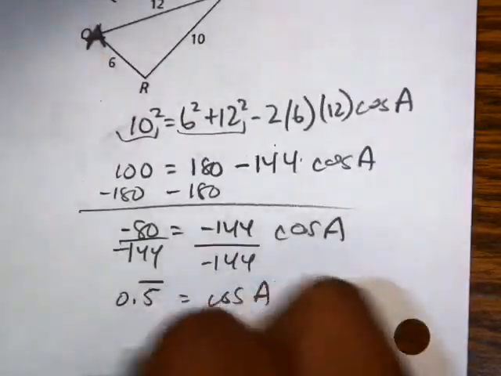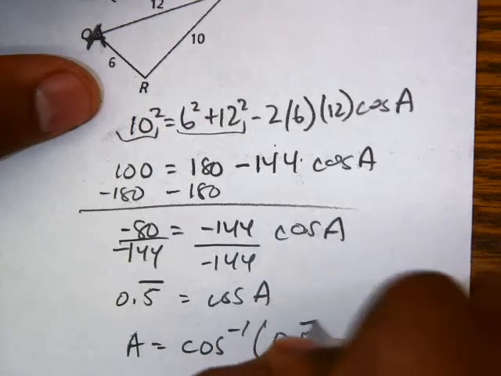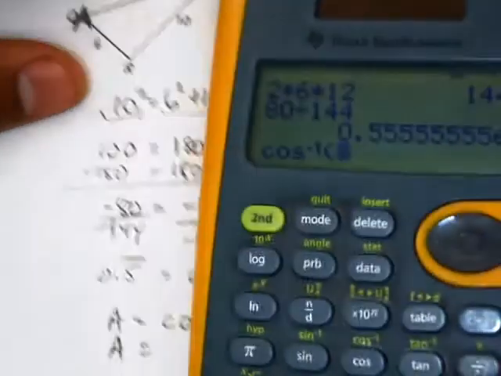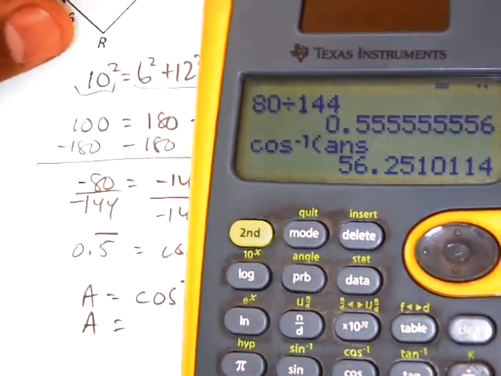And finally, just to get A, I need to do the inverse cosine of 0.5 repeating. So inverse cosine, and that's 56 degrees.